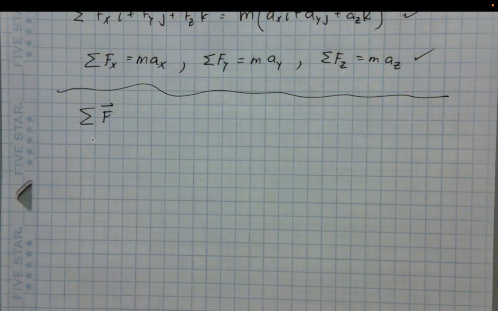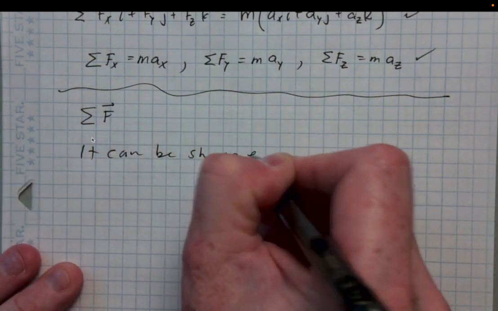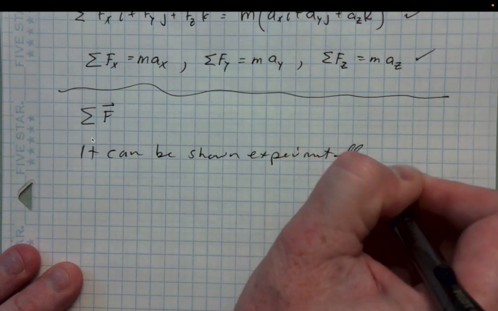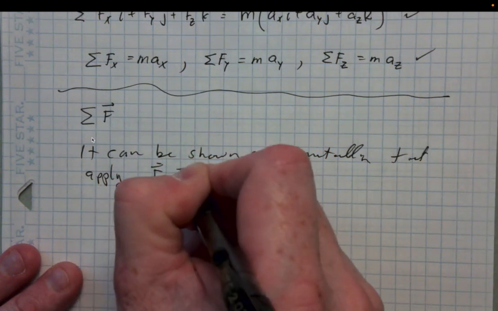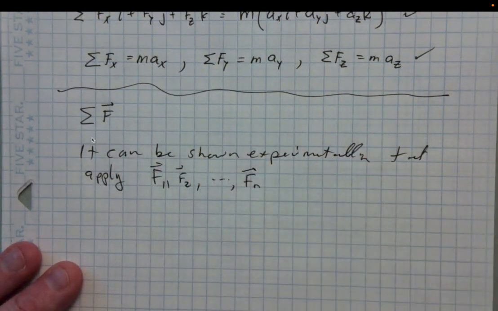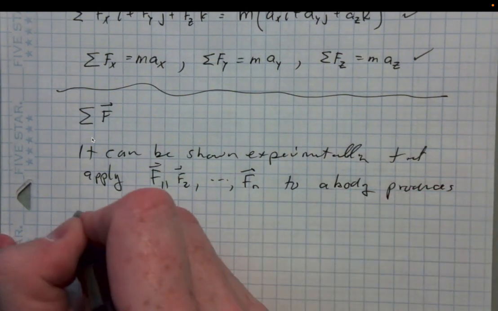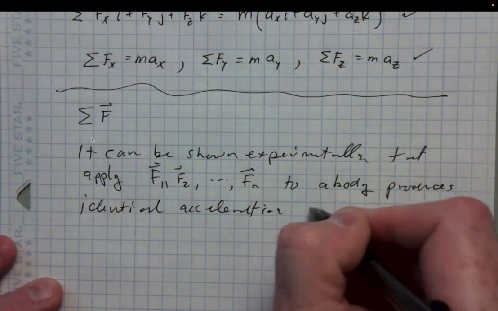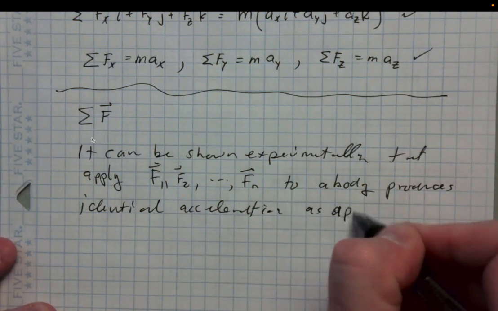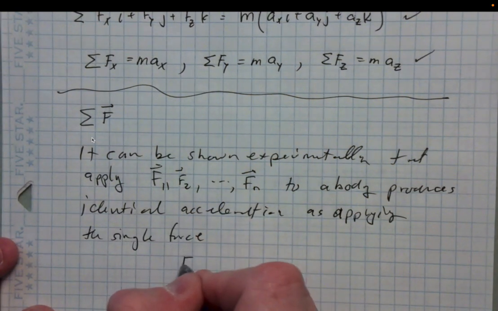It can be shown experimentally that applying forces F1, F2, dot, dot, dot, F of n to a body produces the identical acceleration as applying the single force, right? And the single force being the sum of all.